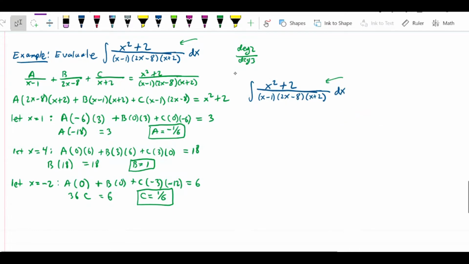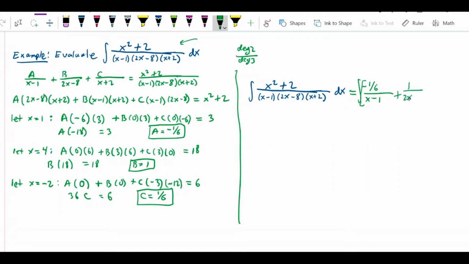So that integral is equal to the integral of negative 1/6 over x minus 1 plus 1 over 2x minus 8 plus 1/6 over x plus 2 dx. So what we can see is that we just have the integral. Sorry if you can't see this bracket here, but it is here. So that's what that should look like.